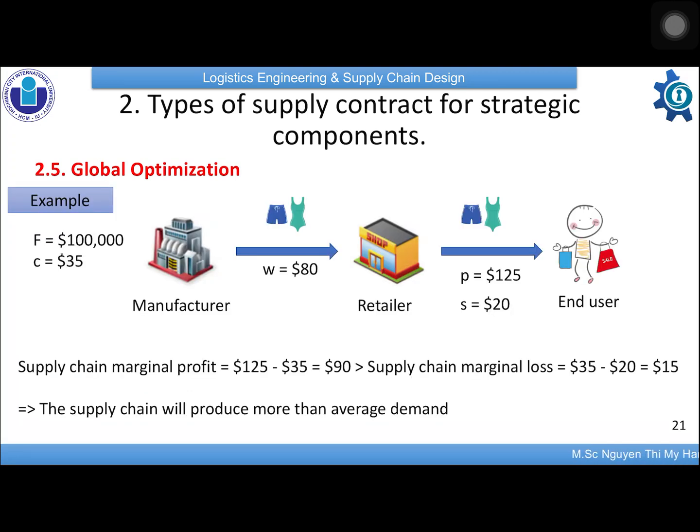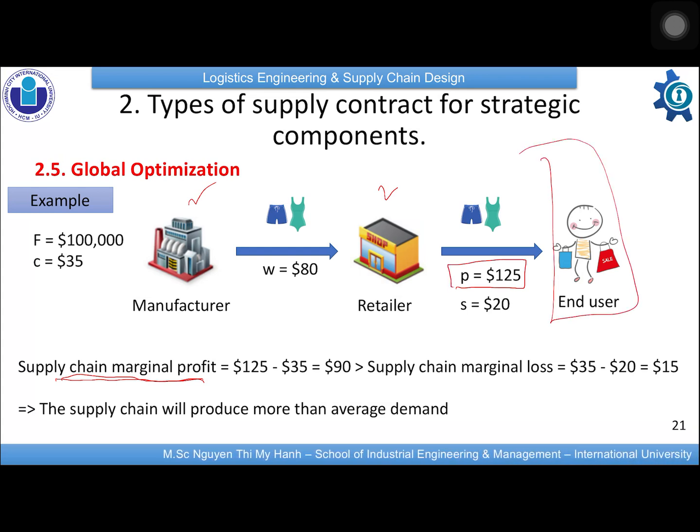Let's go back to the swimming suit example. We only consider the whole supply chain's marginal profit and loss, not each retailer or manufacturer.